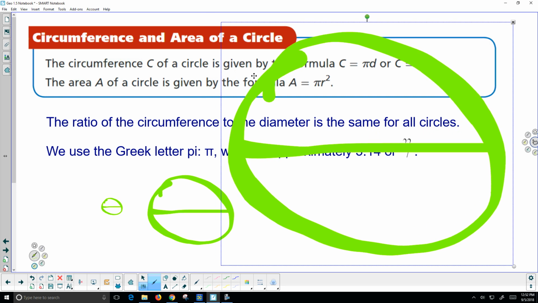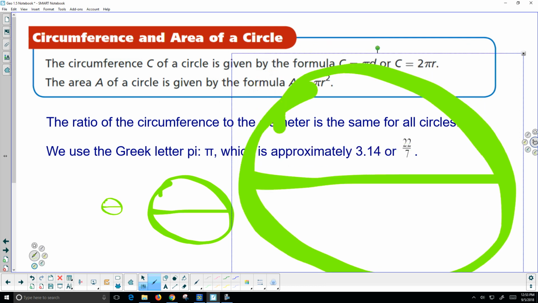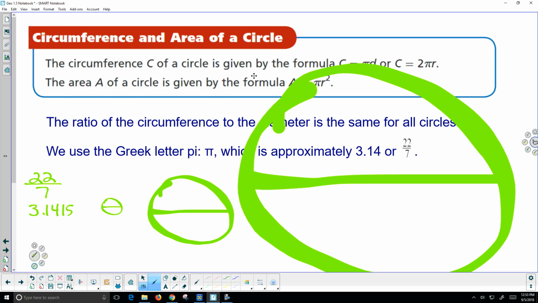If I take the circumference of the circle and divide it by the diameter, regardless of how big the circle is, you're always going to get something that comes close to 22 over 7, which is 3.1415, and so on out into infinity, right? That's the magic of pi, because it's the same thing, whether we're looking at a regular size, a medium size, or an enormous size circle.